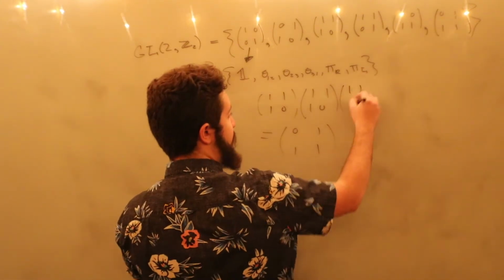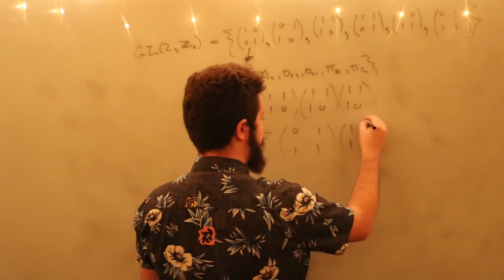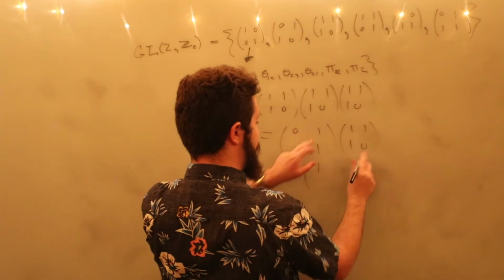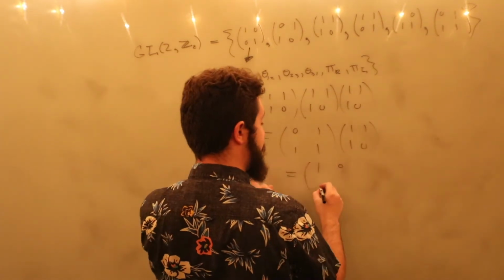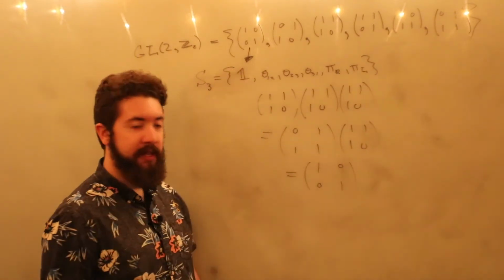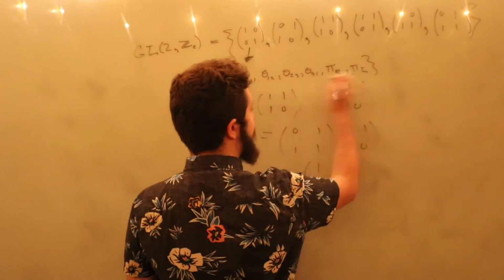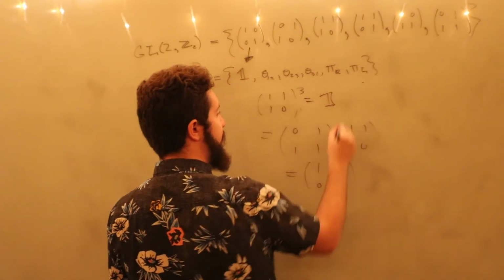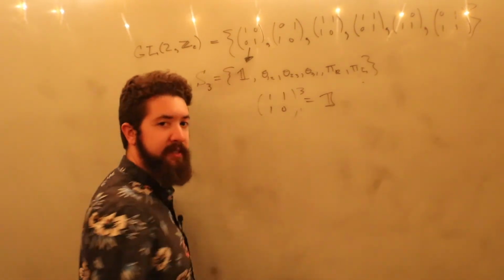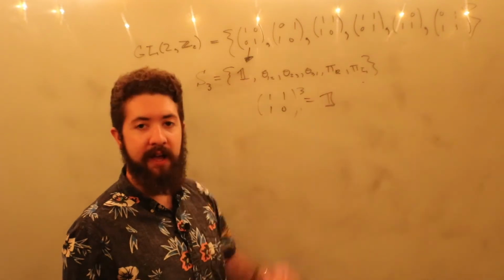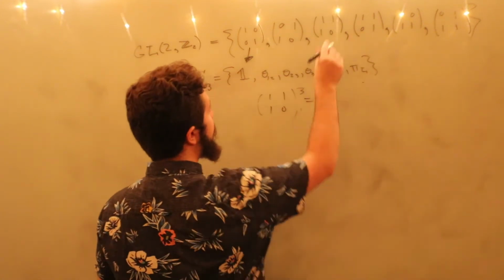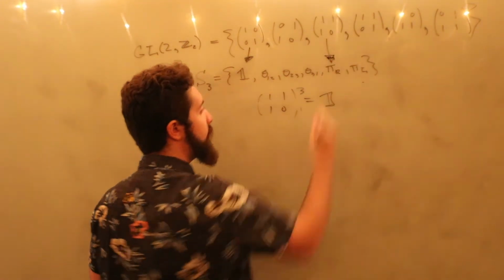So then this matrix cubed is going to be equal to 0 plus 1 is going to be 1, 0 plus 0 is 0, 1 plus 1 is 0, and 1 plus 0 is 1. And this is none other than the identity matrix. So we have that this matrix cubed is equal to the identity matrix. Well, if you'll notice, this is exactly like the cyclic permutations, right? Pi R or pi L. So just by convention, I'm going to map this matrix to pi R.